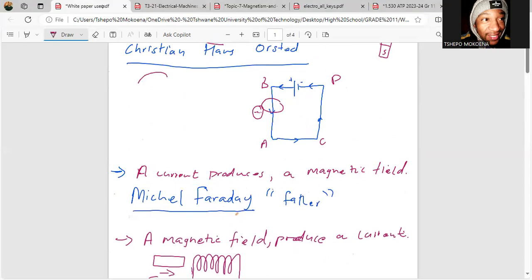Say here we have a loop, right? And here you have maybe a positive terminal and a negative terminal. It's a single loop. Instead of a square or rectangular circuit like this, you can have a loop like that.